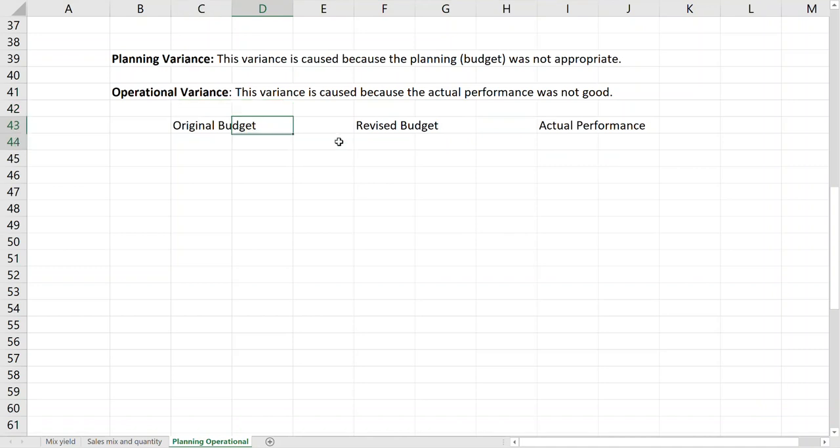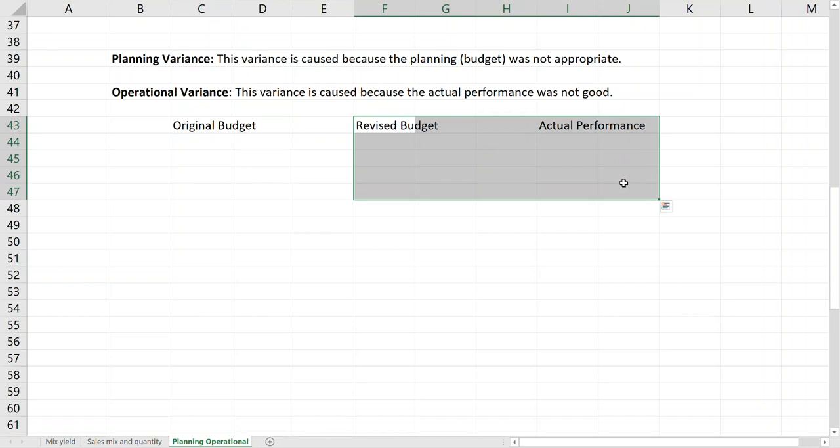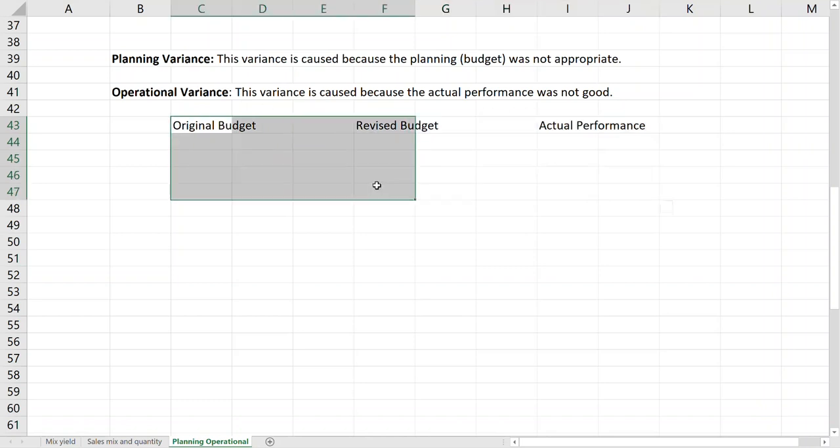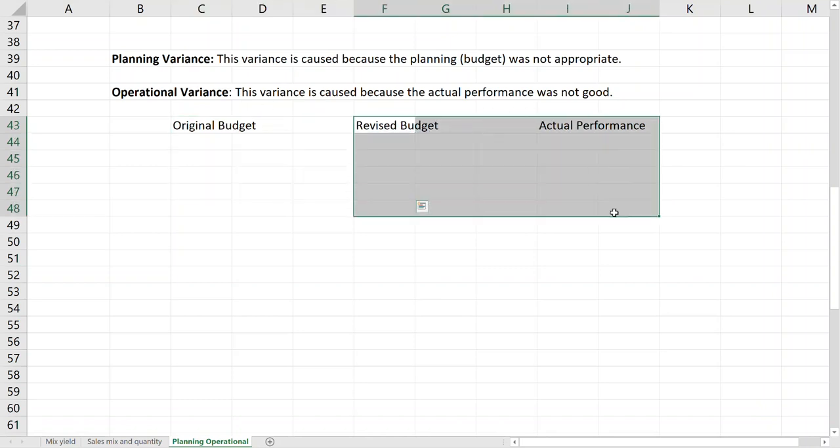For the planning part, those people are responsible who are involved in the standard setting, the budget setting. For operational variance, those people are responsible who are involved in day-to-day operations. So separate people are responsible for each.